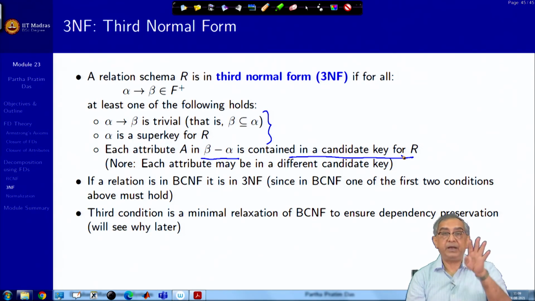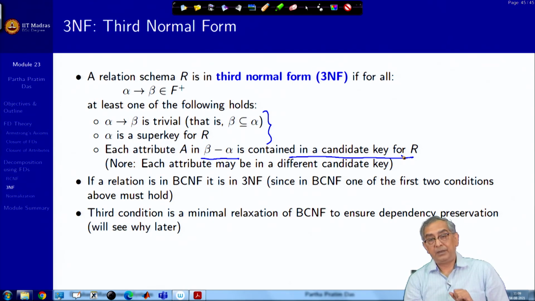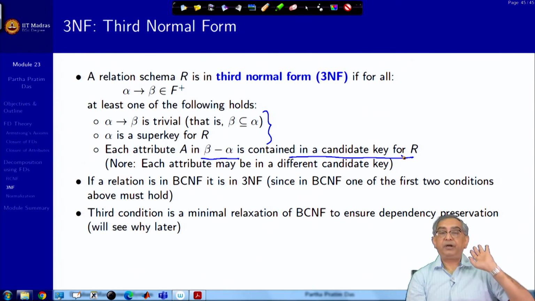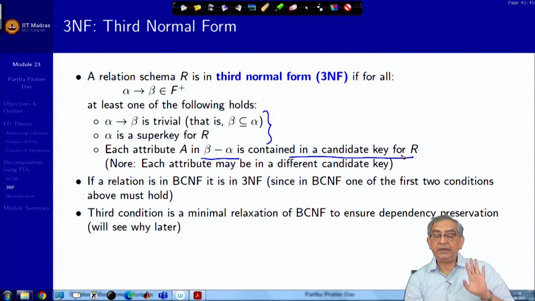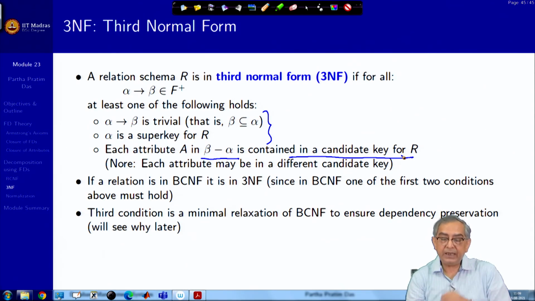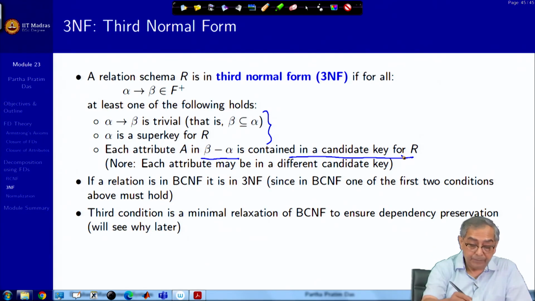The beta minus alpha part may have 3 attributes. They may be contained in 3 different candidate keys, 2 different candidate keys, or 1 candidate key. As long as each is a part of some candidate key, we will say that this relation is in third normal form. Obviously, if a relation is in Boyce-Codd normal form, it satisfies the first 2, and therefore, it is in third normal form, but not the other way around.